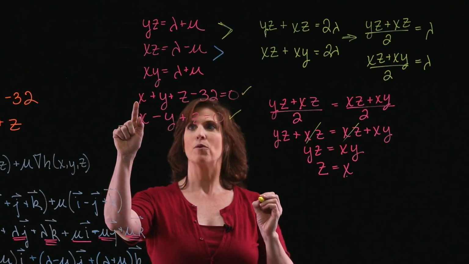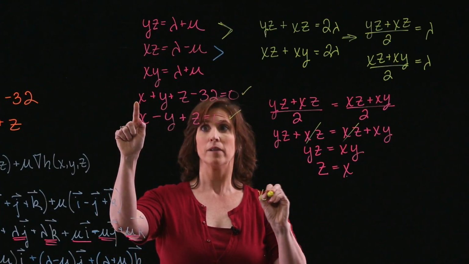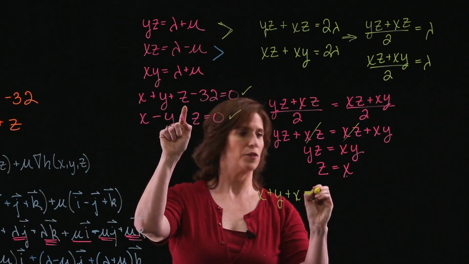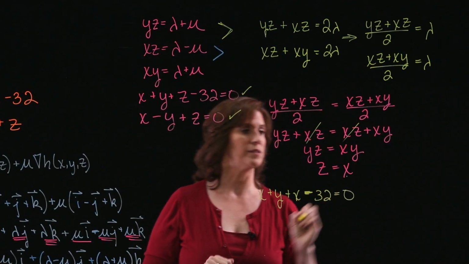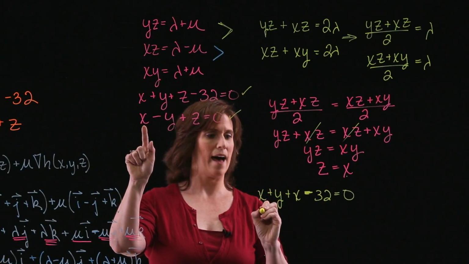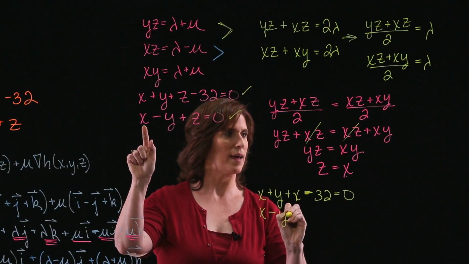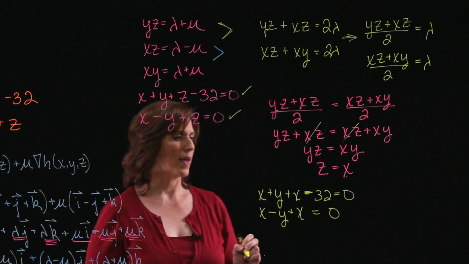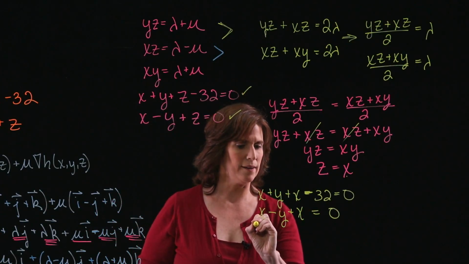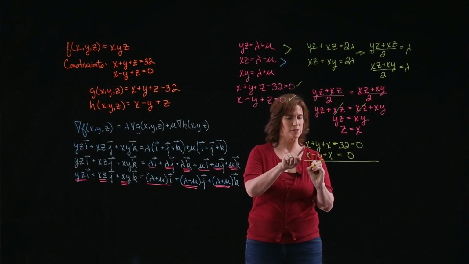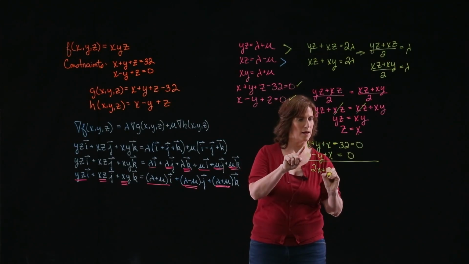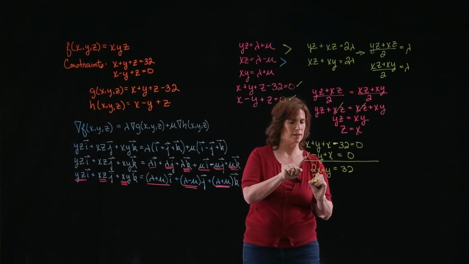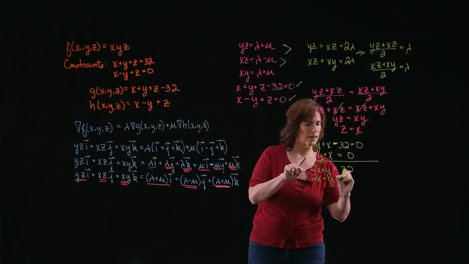So when I do that, I'm going to have x plus y plus x minus 32 equals 0. And in my second equation, I'll have x minus y plus x equals 0. This can be rewritten as 2x plus y equals 32, if I move that 32 over, and 2x minus y equals 0.